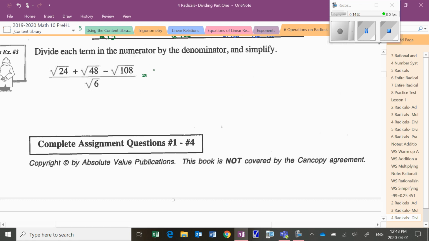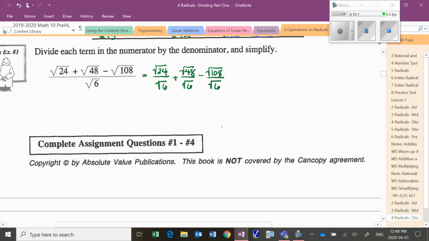So you don't have to write this step out, but what it's actually saying is that this expression, root 24 plus root 48 minus root 108, is the same as root 24 divided by root 6 plus root 48 divided by root 6 minus root 108 divided by root 6.